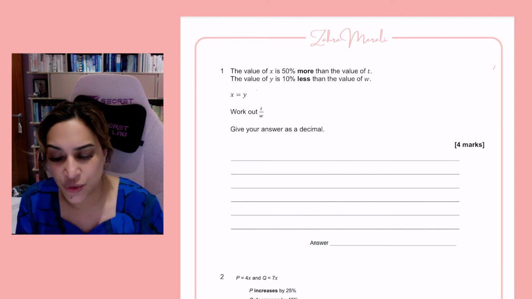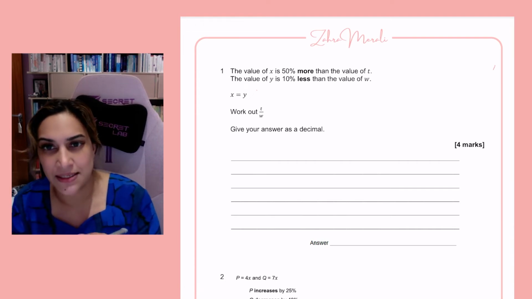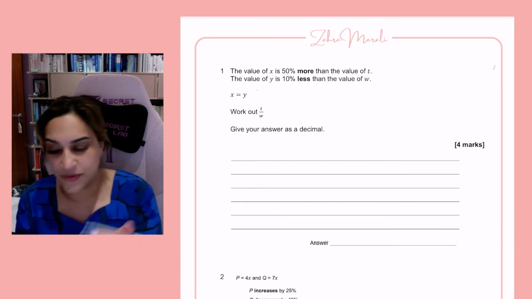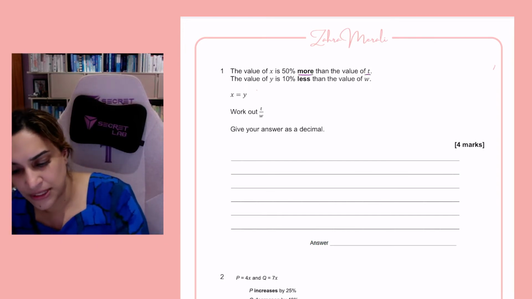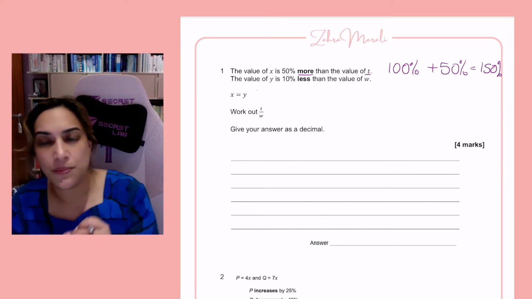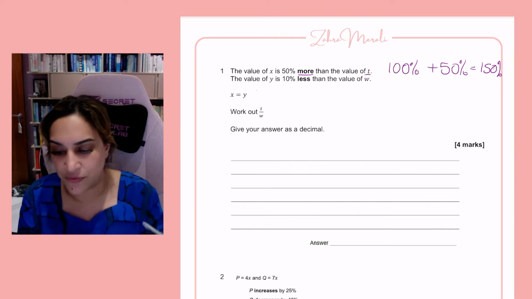Okay, question 1. The value of x is 50% more than the value of t. So we're starting off with t. We've got the original 100%, we're adding 50%, so we've got 150%. My multiplier is 1.5.